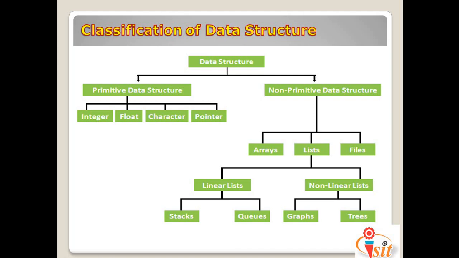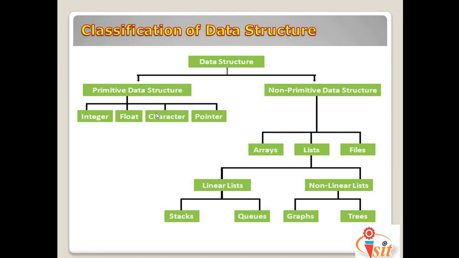First, let us discuss what primitive data structures are. These basic structures are directly operated upon by machine instructions. They in general have different representations on different computers: integers, floating point numbers, characters, constants, pointers, etc. are called primitive data structures.